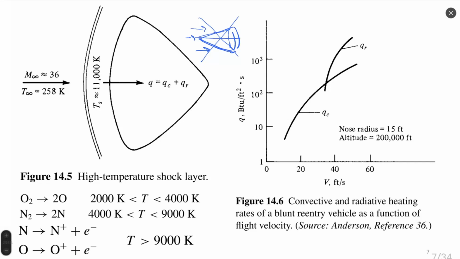Here you can also see that thermal energy usually comes from two different sources: radiative and convective heating. Heat rates and the relation between them are also shown on figure 6. We know that there is a radiative and a convective part.